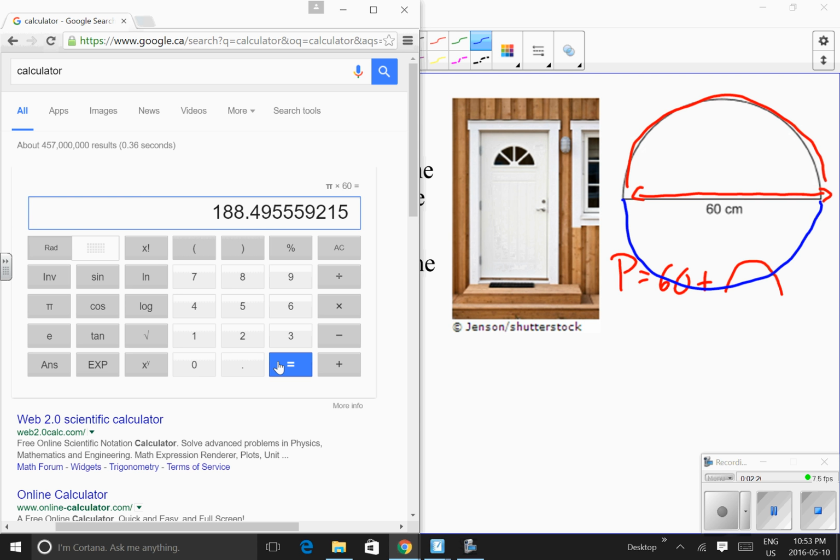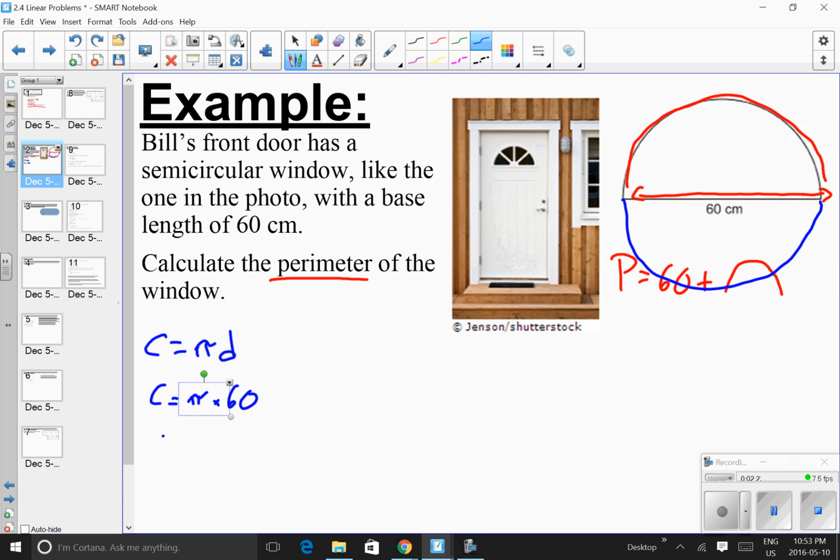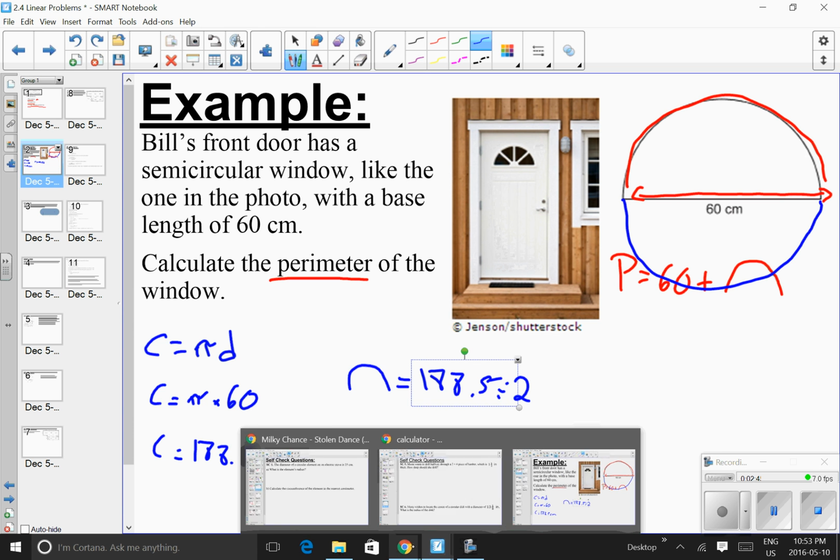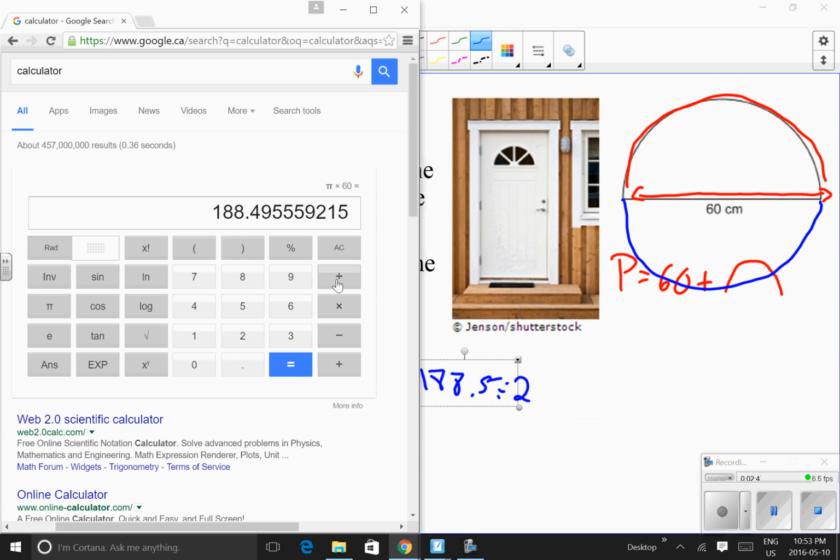Let's just call it 188.5 centimeters. But that was for the full circle. So my frowny shape was that distance divided by 2. I only want half the circle.